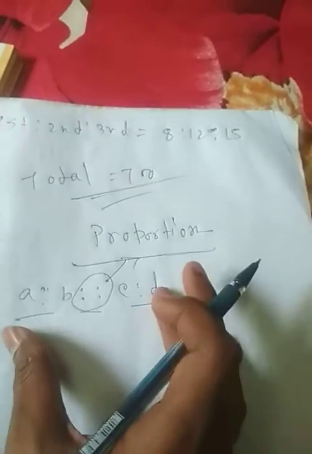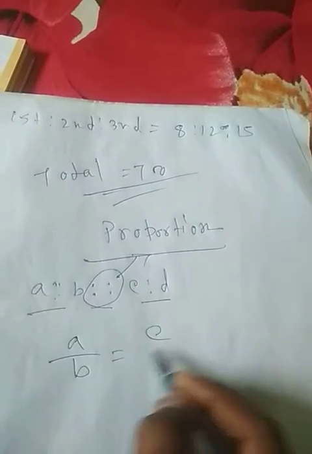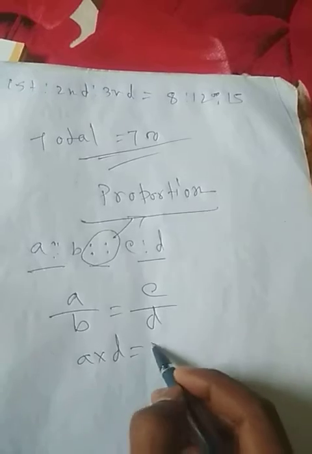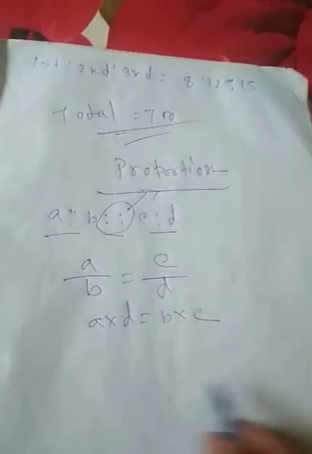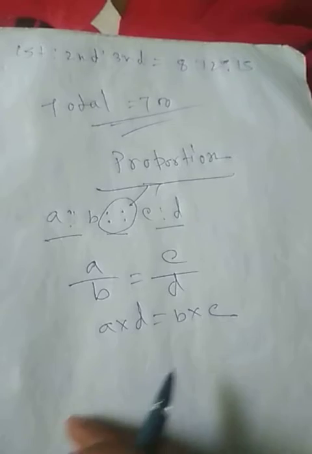If the 4 numbers are in proportion, I can say A by B equal to C by D. That means A into D equal to B into C. That part I am explaining with some example.